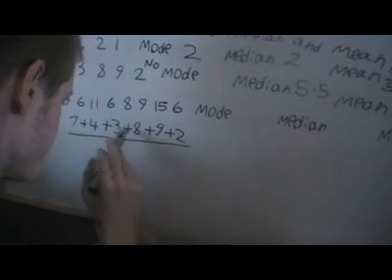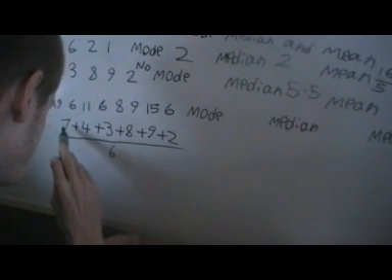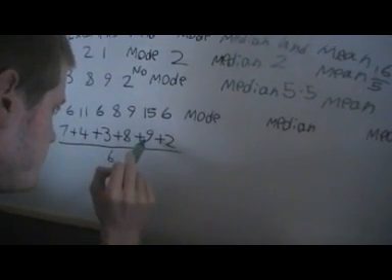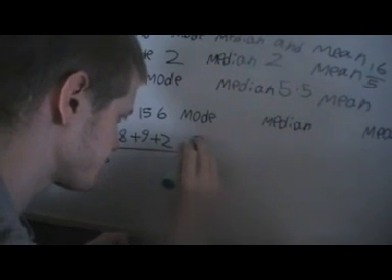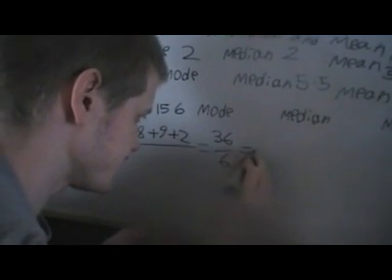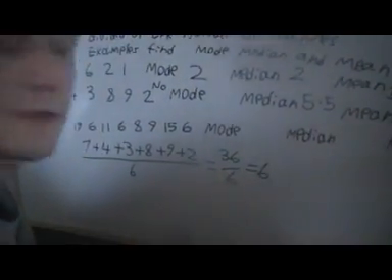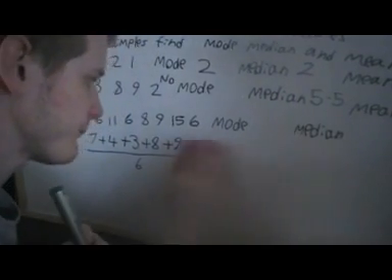So we've got 10, 20, plus the 7, that's 27, plus the 9's 36. 36 divided by 6, which is 6. So all you do for the mean is you add the numbers up and divide by how many numbers there are.